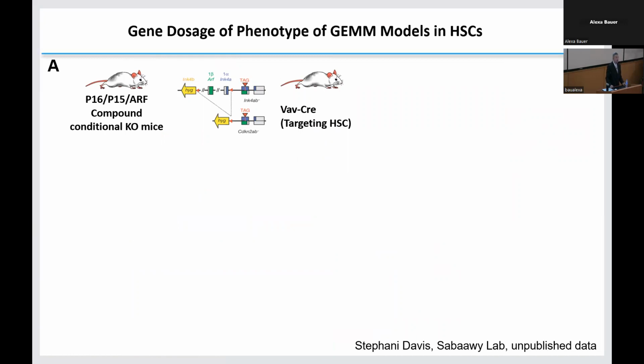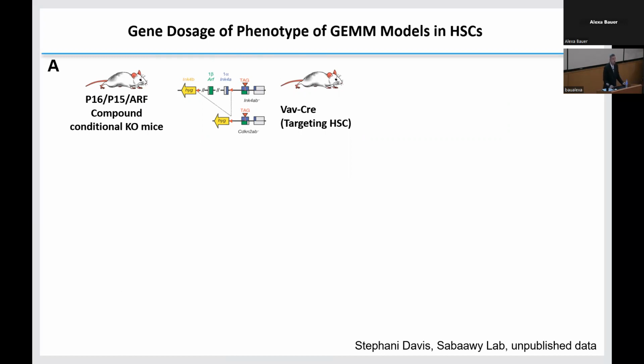But also because I'm interested in the hematopoiesis field based on my training, we tested if we could develop a model for CH, or CHIP, clonal hematopoiesis. So the targets involved there are targets known to be involved in CHIP.